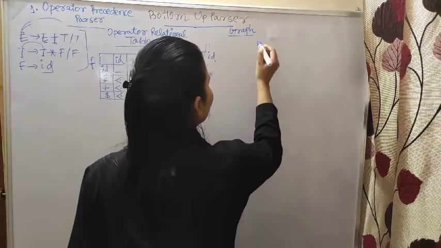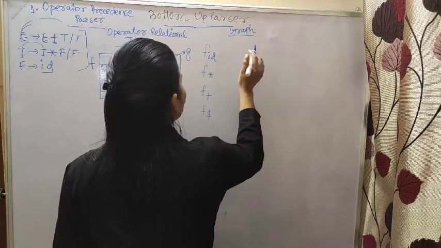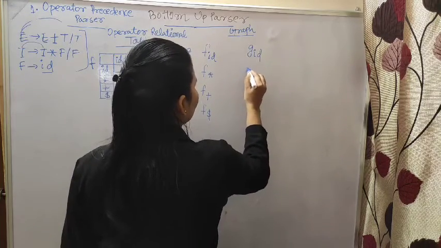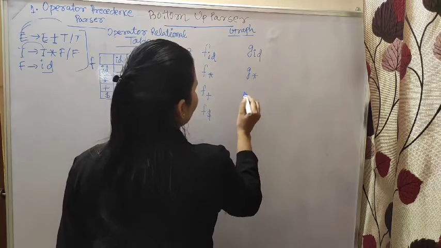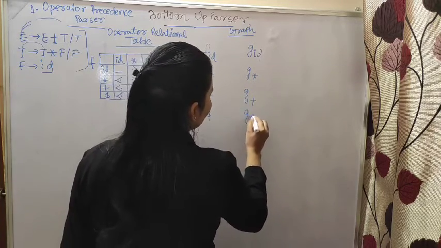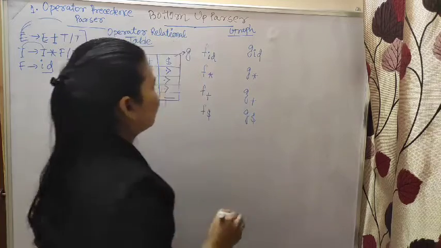In the same places on the right side we will write G of ID, G of star, G of plus and G of dollar.